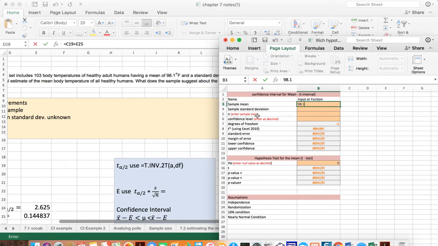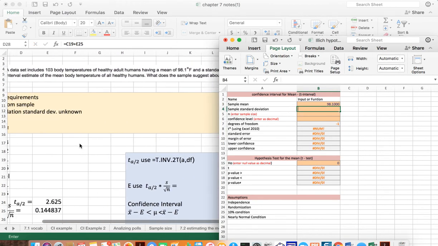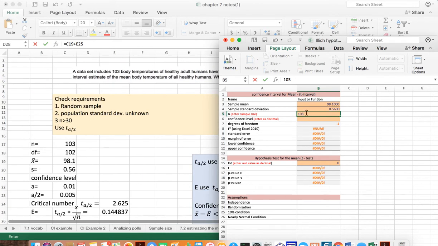Our standard deviation was 0.56 for the sample. Our sample size was 103. And we want a 99% confidence interval.